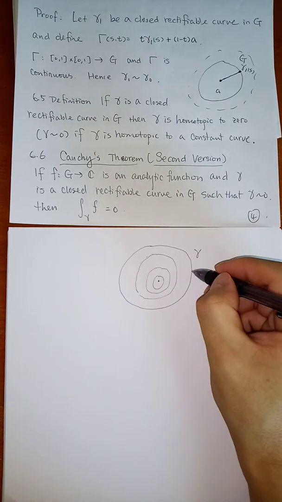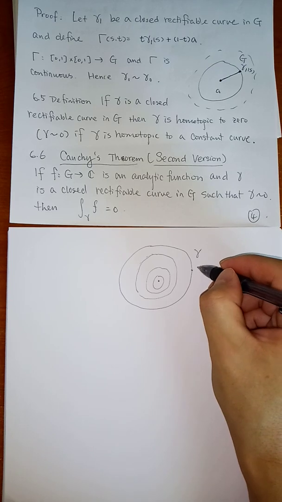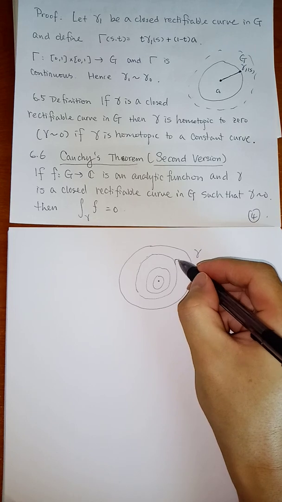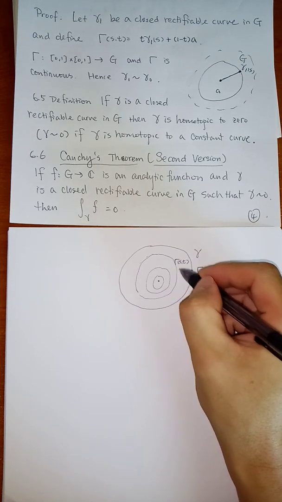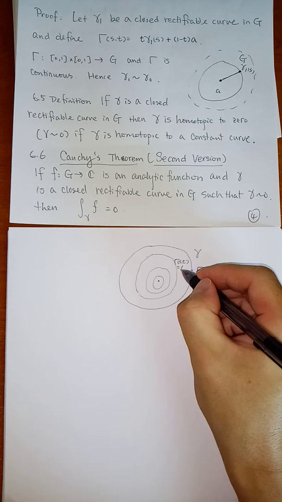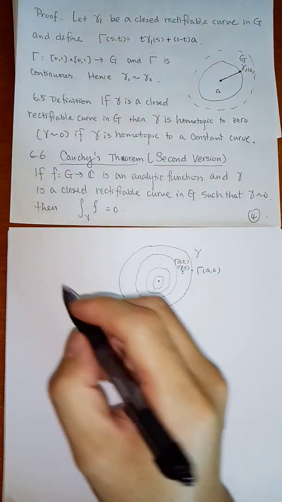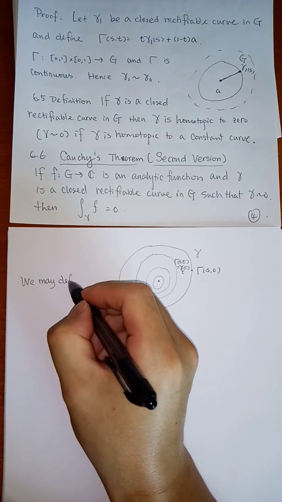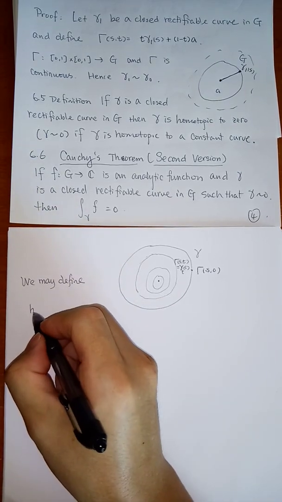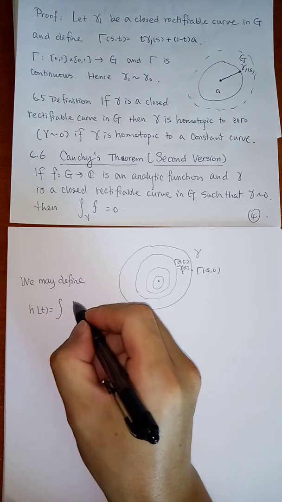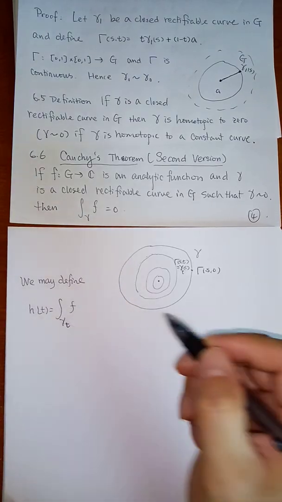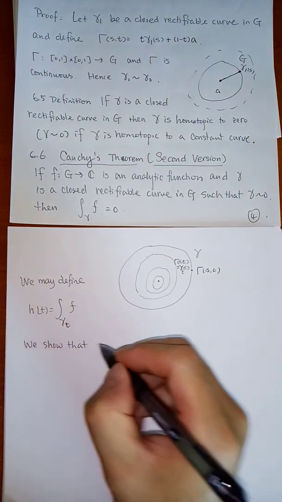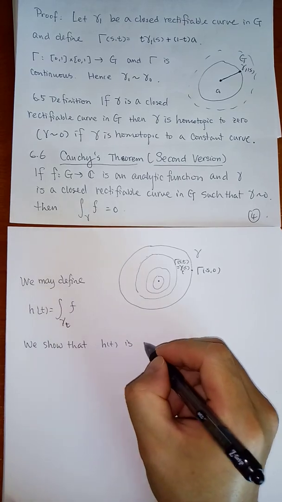We are going to do what? This is gamma of s, 0. This is gamma of s, t, the little gamma t of s. Okay, so we may define h of t to be the integral of f along gamma t, and we show that h of t is constant.